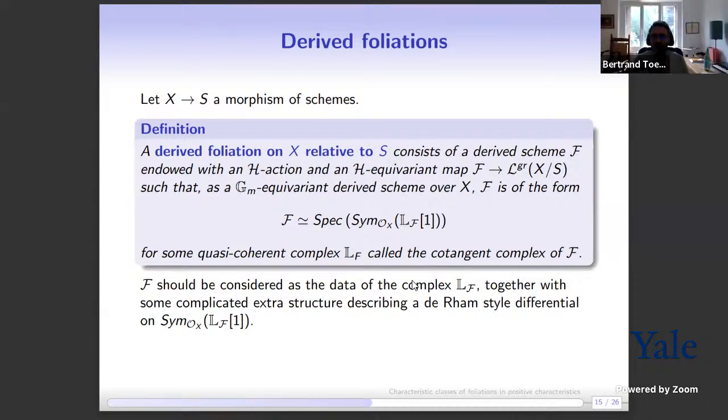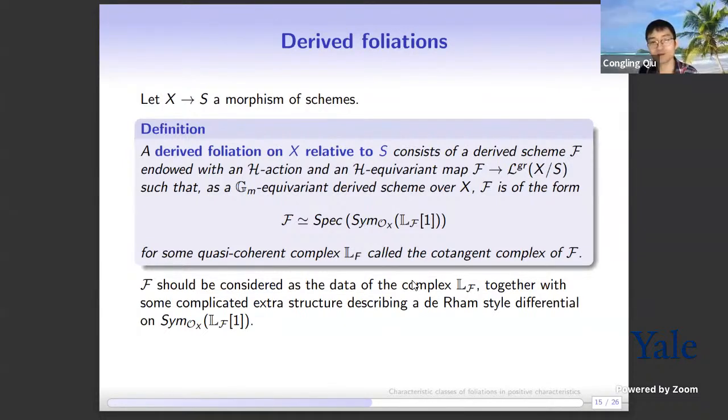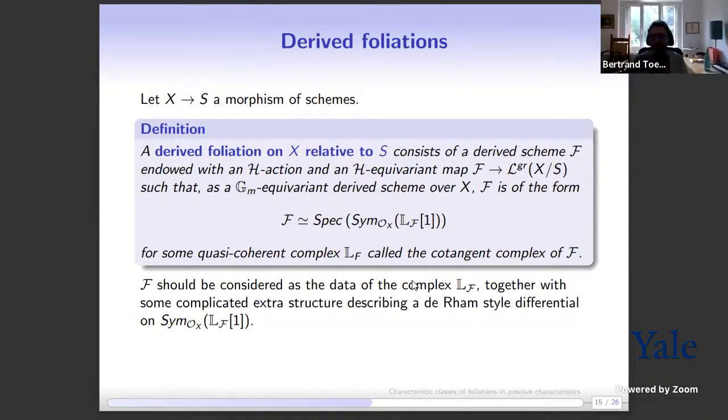So you see this graded loop space relative to S depends on the base. So the notion of a foliation relative to S depends on the base. So foliations of X over K are not going to be the same thing as foliations of X over S. It's even worse, I think. There is a map from foliations of X over S to foliations of X over K, which is like pullback. I will talk about it in a minute. And this is not essentially surjective.